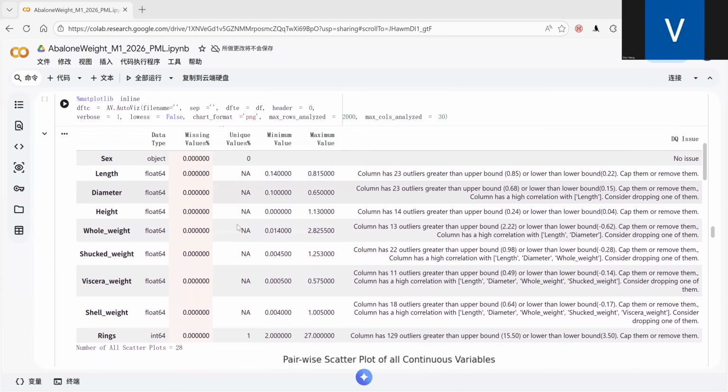No missing values, but many outliers across length, diameter, height, whole, shucked, viscera, and shell weight. Rings has many too. Strong collinearity flags, like diameter and length, or whole weight with length or diameter, just like there are several on here.